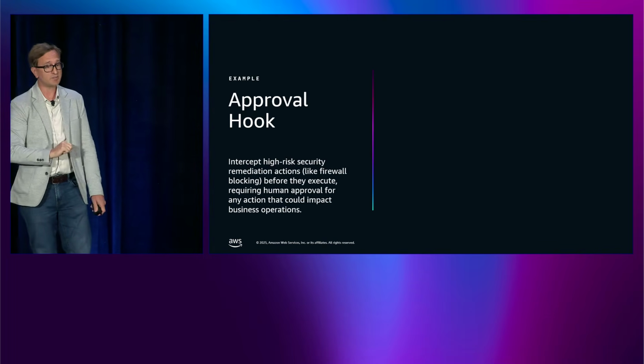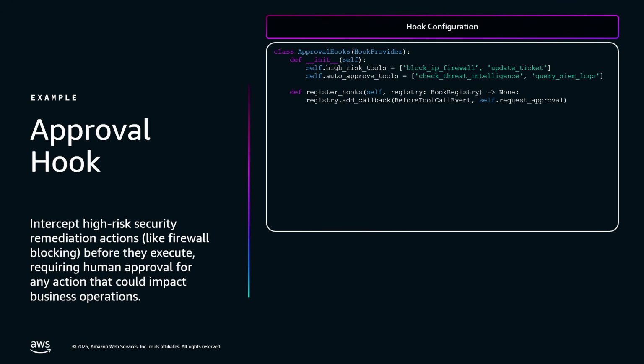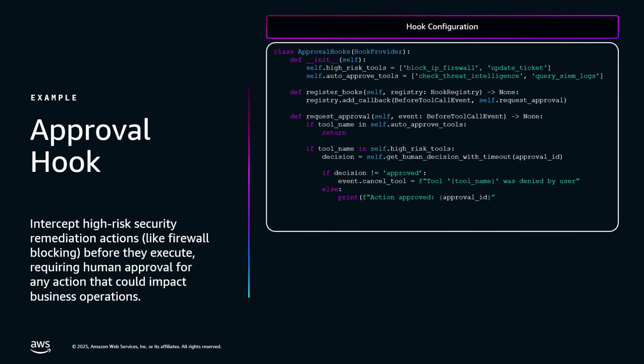I'm going to give you an example of an approval hook in this case. Let's say that we have a high-risk security remediation action, such as blocking an IP from the firewall. We don't want to necessarily have that happen without somebody looking at that first, lest it interact with our production systems. So in this case, we can define our approval hook, and we can say, here are some high-risk tools, such as block IP firewall.